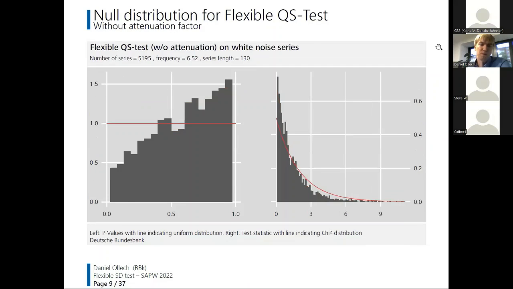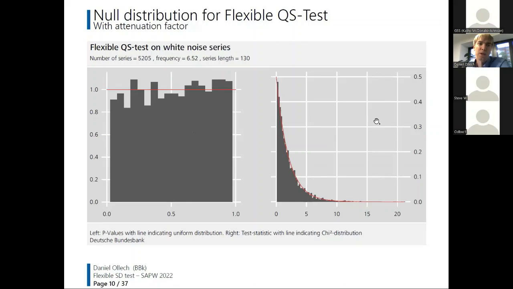If we use the flexible version of the QS test without the attenuation factor for now, for a frequency of 6.5, so a non-integer frequency, you can see there's a strong bias. Now here in the p-values, it no longer follows a uniform distribution. The same here, it no longer follows the red line, a chi-squared distribution. And with the attenuation factor, we get very close to a uniform distribution of the p-values or the chi-squared distribution of the test statistic.